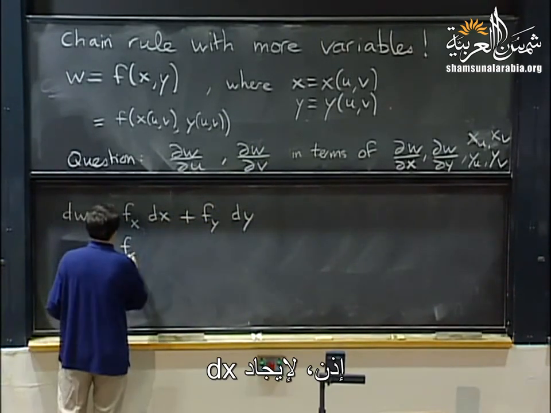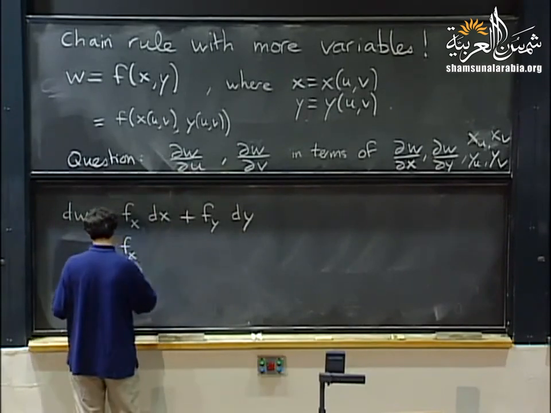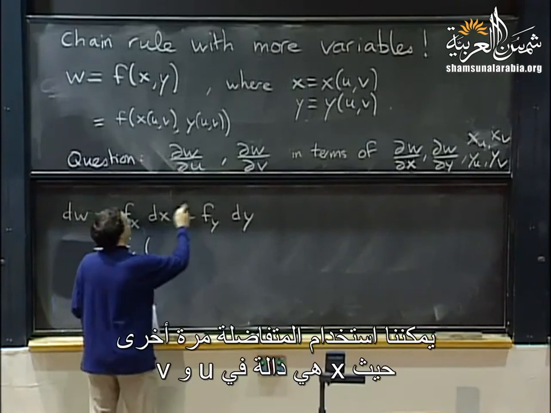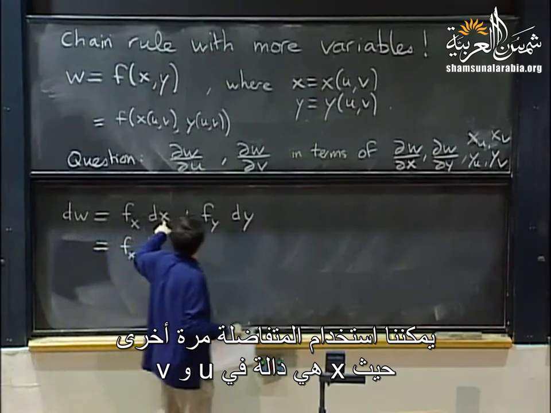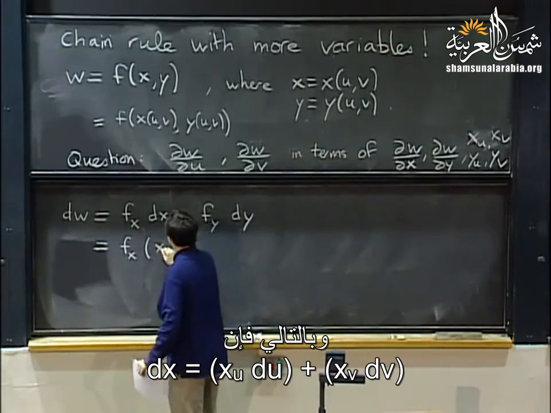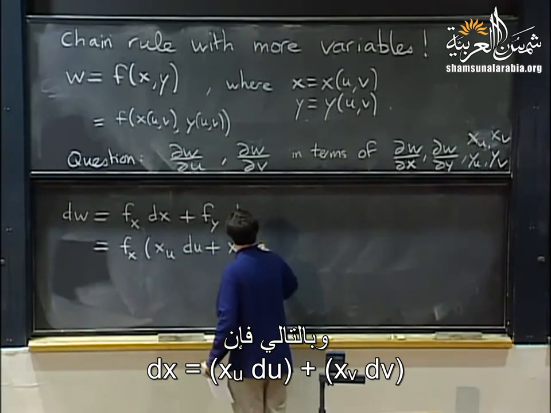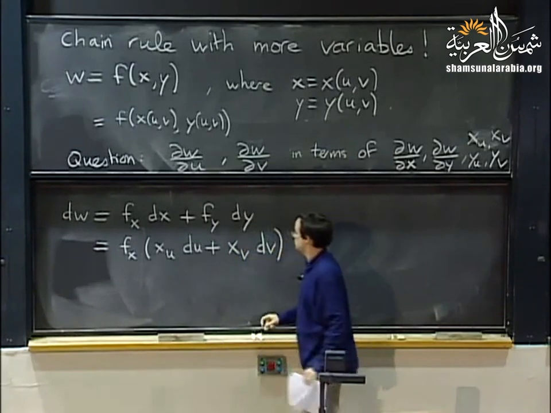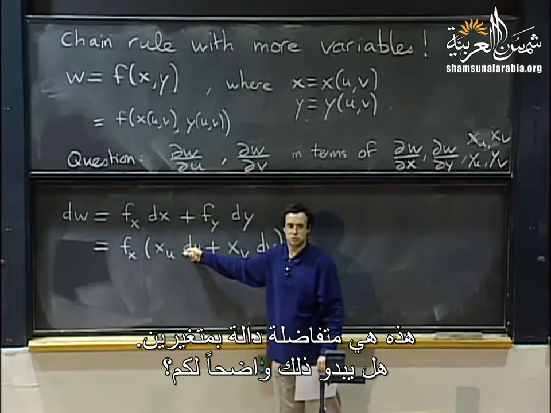Right? So dx is going to be, well, I can use the differential. Again, dx, well, x is a function of u and v. That will be x sub u times du plus x sub v times dv. Okay, that's, again, taking the differential of a function of two variables. Does that make sense?